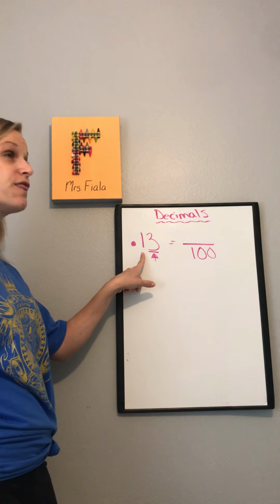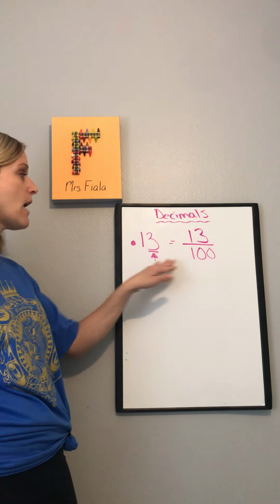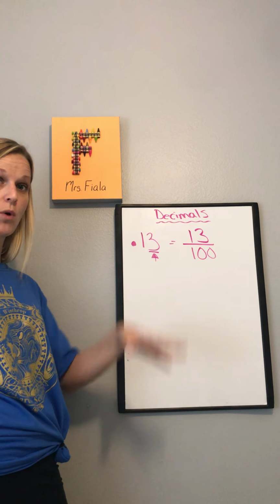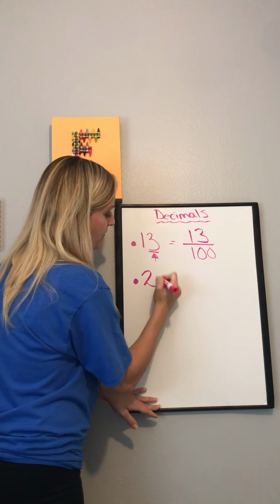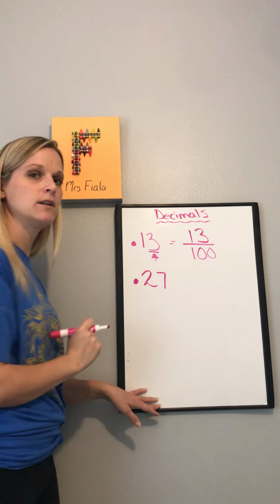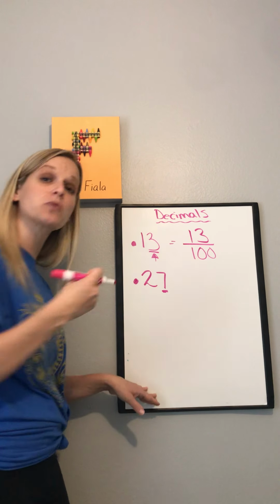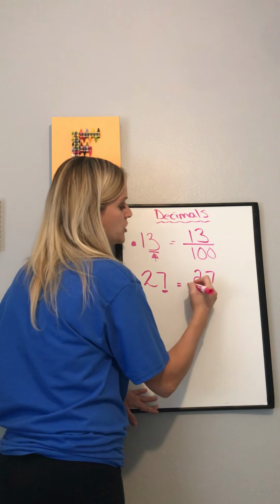So I have 13 out of 100. And that's how I would write that decimal as a fraction, okay? So if I had 27.27, how would I write that as a fraction? Well, again, it ends in the hundredths place, so that is actually out of 100.